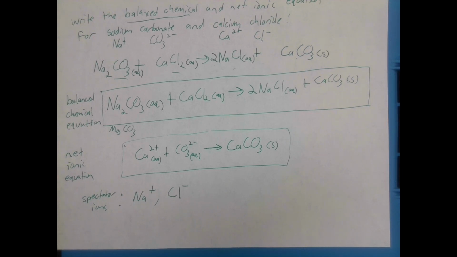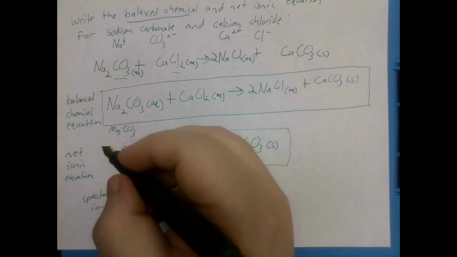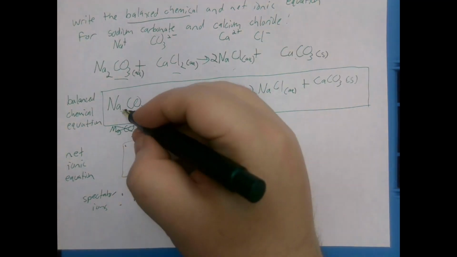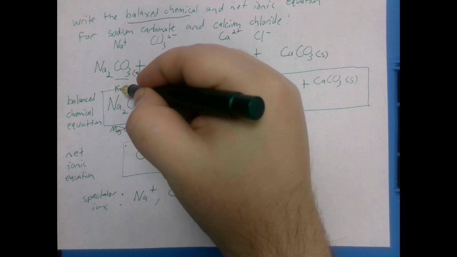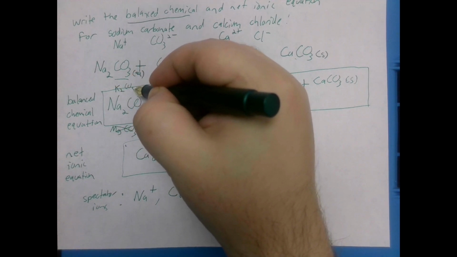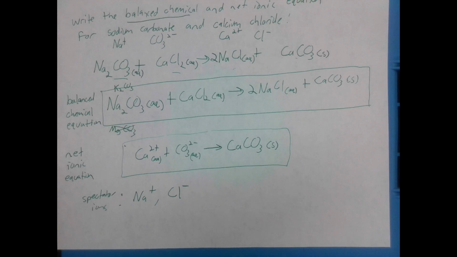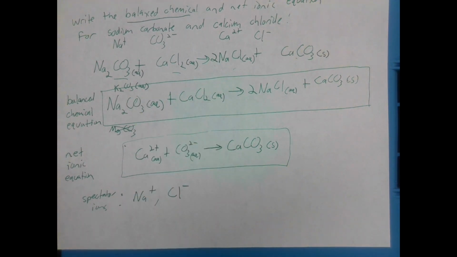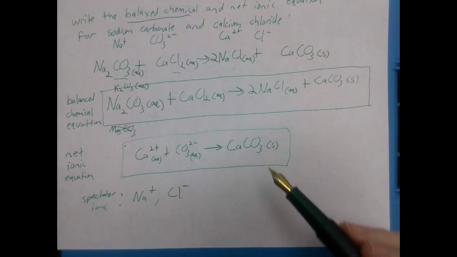So let me look up soluble, insoluble. Yeah, it's insoluble, so that doesn't work. What's another carbonate that's soluble? Let's do potassium. It's soluble. So let's say that you had potassium carbonate in your drawer. It dissolves in water. It is aqueous. That means you can replace your sodium carbonate with potassium carbonate and make this chemical.